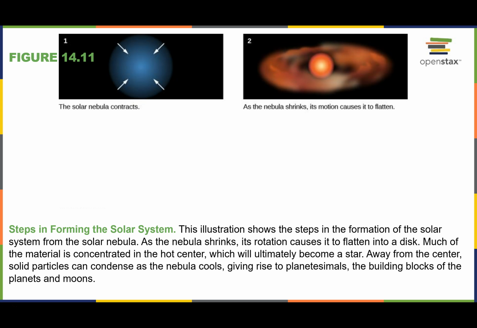It contracted, just like you said, and it heated up. Now, where is the gravity the strongest in our solar system right now? The Sun. Yes. The more massive something is, the more gravity it has. So this is definitely the most massive object in our solar system.